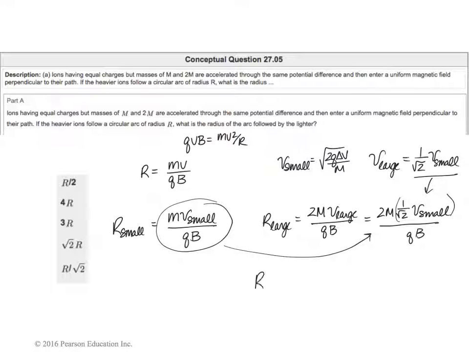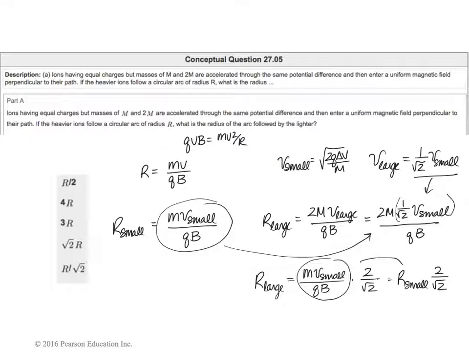And so when I'm looking at the radius of the large particle, if I take out m, velocity of the small, q and b, what I will be left with is basically 2 over the square root of 2. So then this is just the radius of the small and times 2 over the square root of 2.